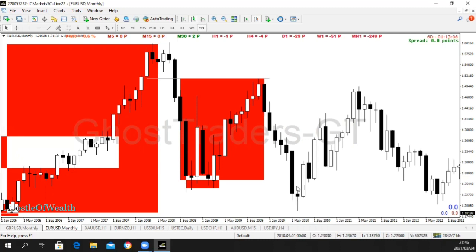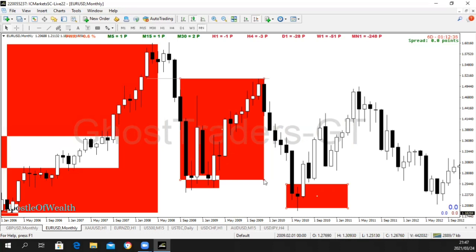Okay, I get you. Let me just indicate the level you are talking about. So you are talking about this level here? No, the red one before it. The large candle going up, that's the area we're looking at, but right in the middle.